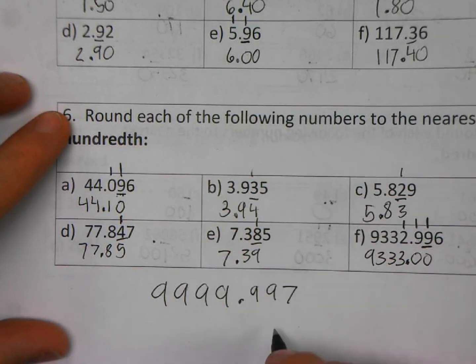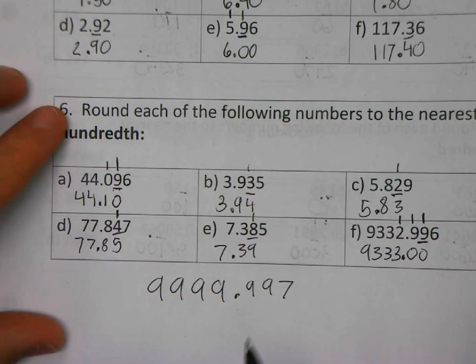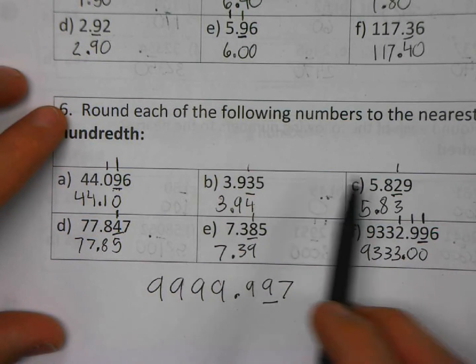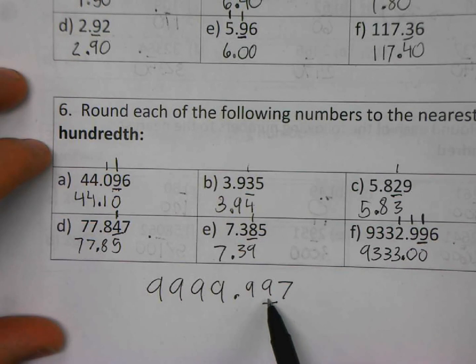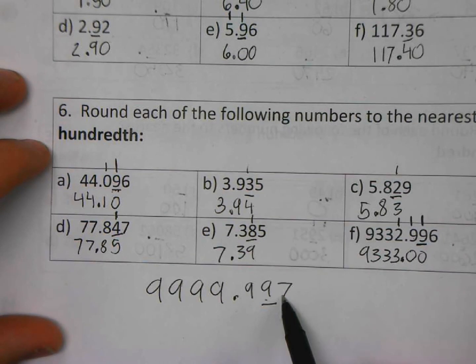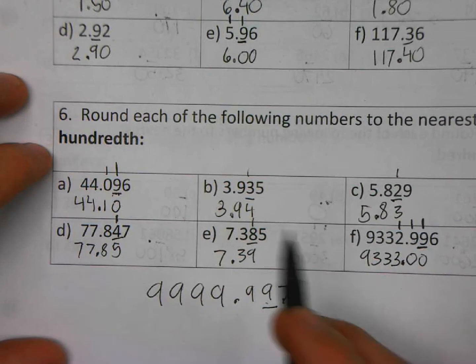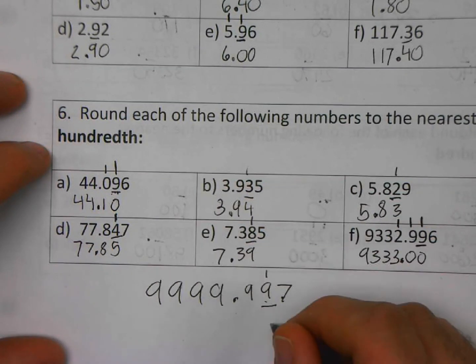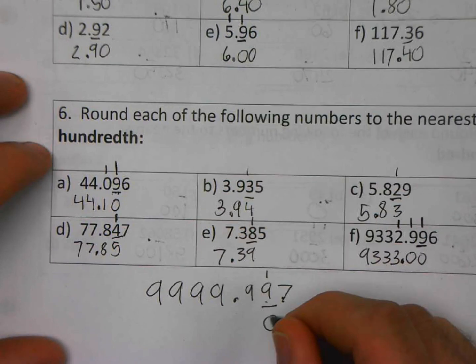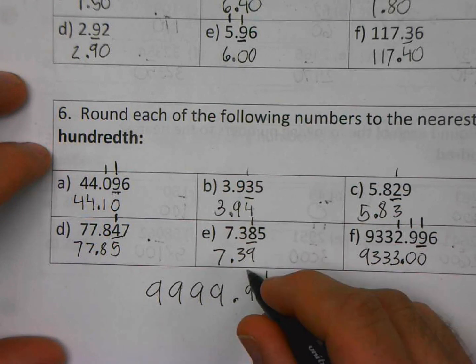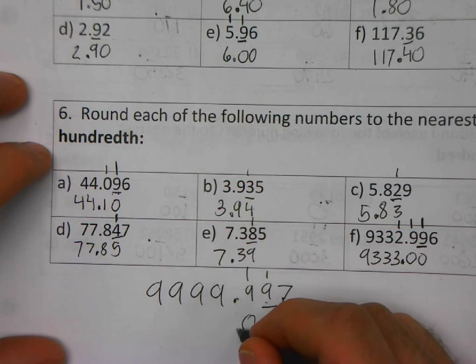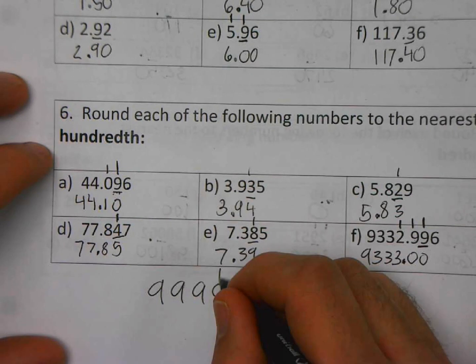9999.997. We underline the 9. We're going to still do the nearest hundredth. So, the next number is a 7. It tells us to add 1. Okay, so let's add 1. 1 and 9 is 10. So I put a 0, I carry the 1. 1 and 9 is 10, so I put a 0, I copy the dot, I carry that 1.